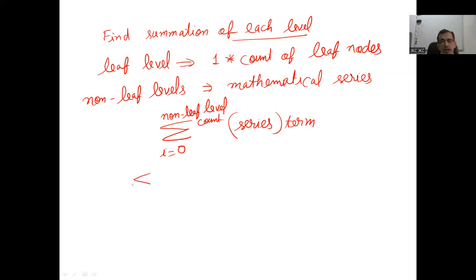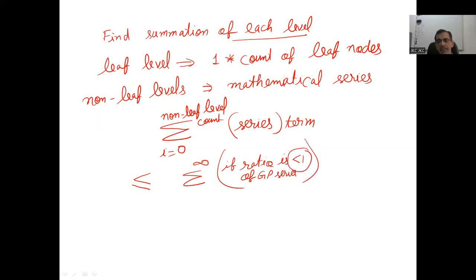Then you will try to convert it into a less than or equal to by taking it towards infinity. Of course, only if the ratio is less than 1 can we do this mathematically. So if the ratio of the GP series is less than 1, then I will be able to take it to infinity, plus I will have the corresponding leaf contribution.